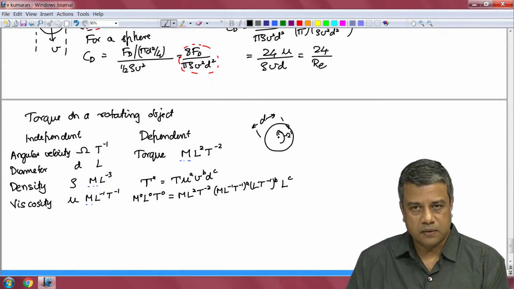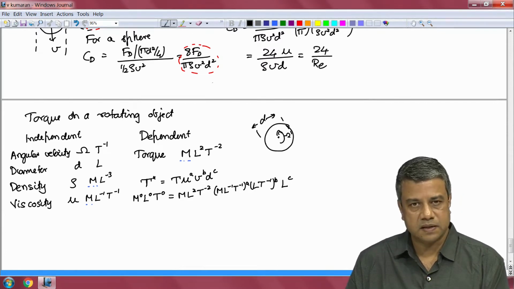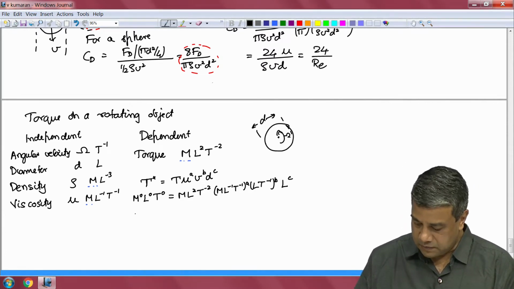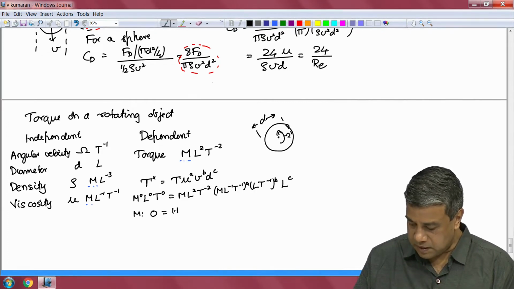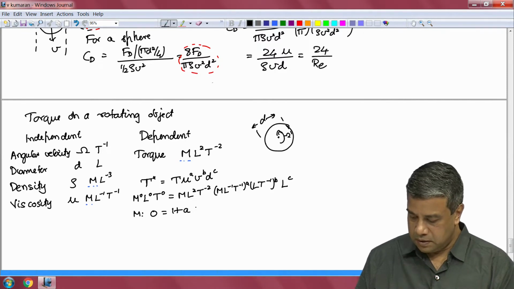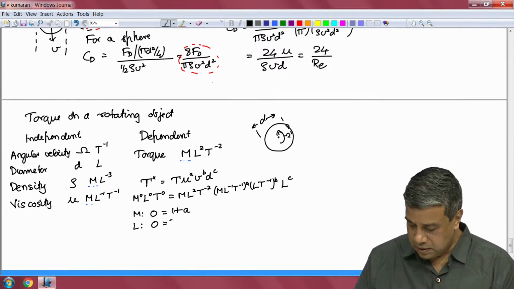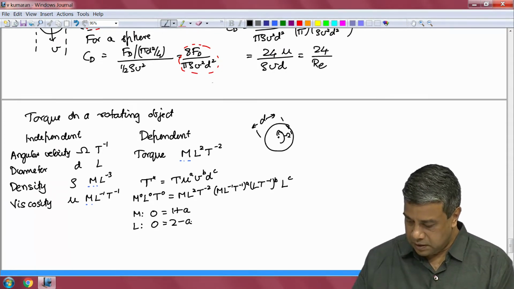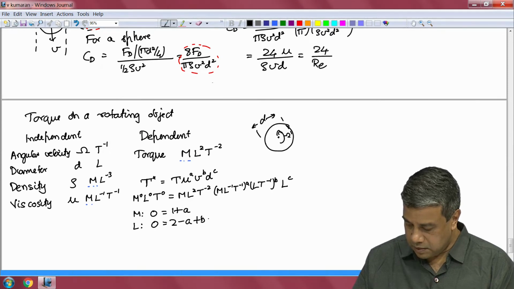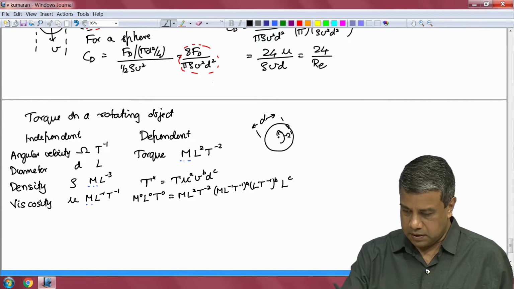Once again, equate the exponents of the fundamental dimensions on the left and the right sides. So, for mass dimension, 0 is equal to 1 plus A. For the length dimension, 0 equals 2 in the torque minus A, plus B. Okay, there is a mistake here.